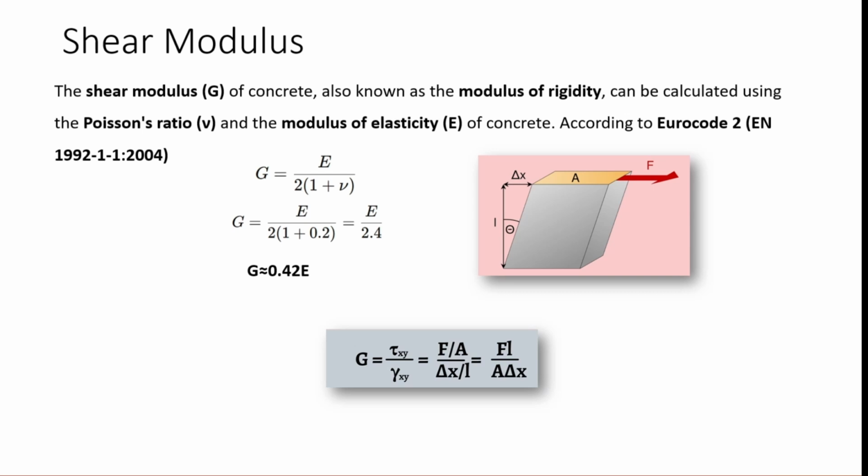A force that is acting parallel on an area, as shown here, is going to give us the shear stress. And then the displacement divided by the length is going to give us the shear strain. Dividing the stress by the strain is going to give us the shear modulus.